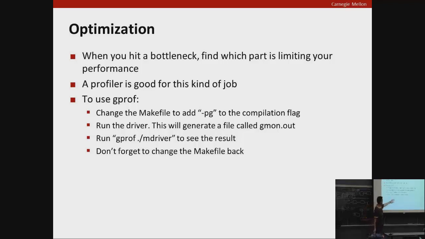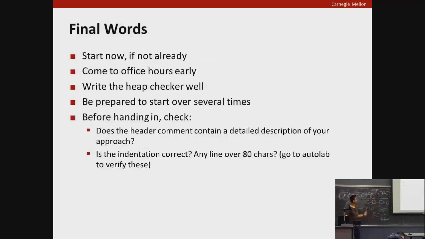Make sure that you remove the -pg back when you finally run and get the results, because leaving profiling on will reduce your overall performance, since it's going to print out certain logs for you. So finally, when you do submit, make sure that you remove the -pg flag.